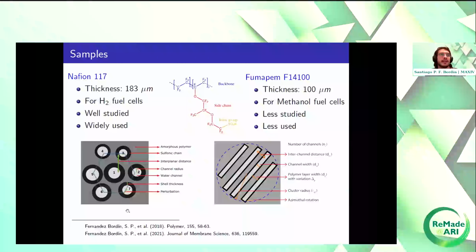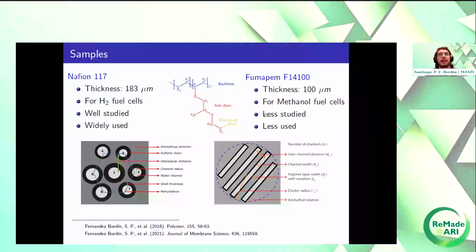In our previous study, we determined that the Nafion membrane is formed by cylindrical core-shell water channels organized in hexagonal clusters. Here the light gray is the water channel, the shell is the sulfonic chain, and then we have the matrix, mainly the fluorocarbon backbone in amorphous polymer. We also have crystalline polymer, but it's not represented here.